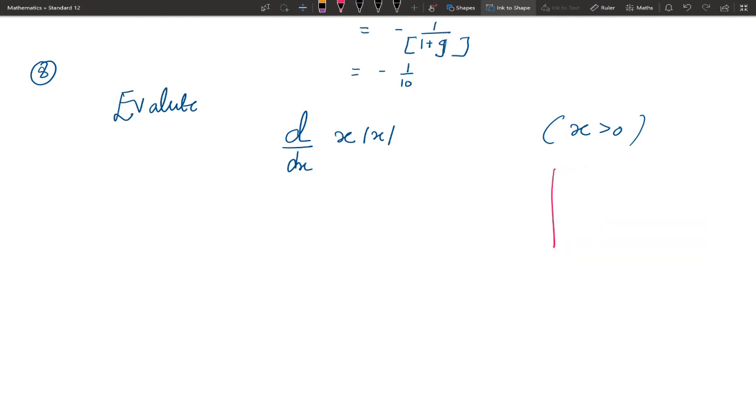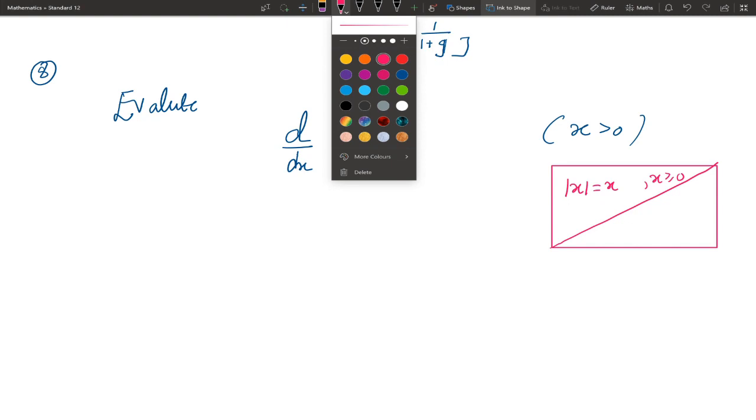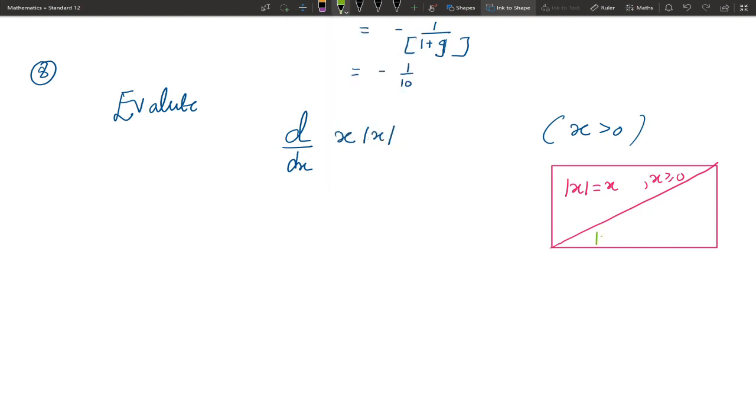Check this definition: mod x equals x if x is greater than or equal to 0, and mod x equals minus x if x is less than 0. But we are given that x is greater than 0.